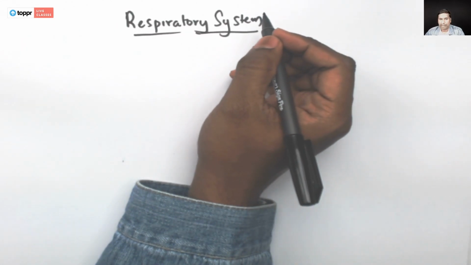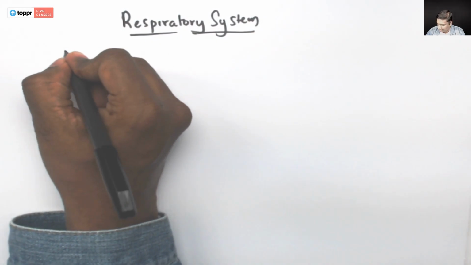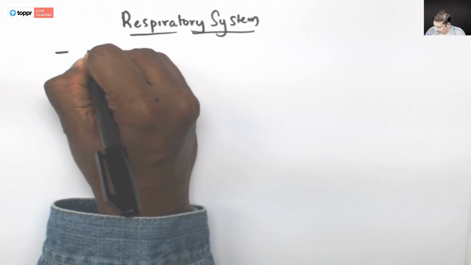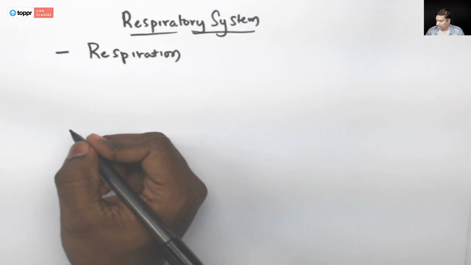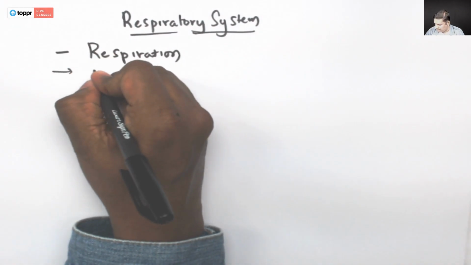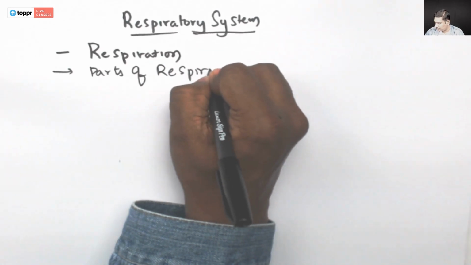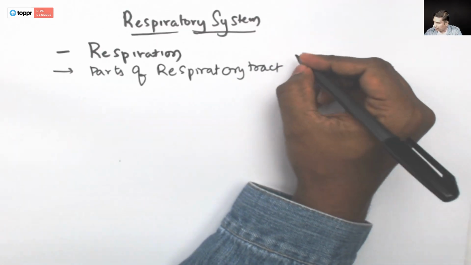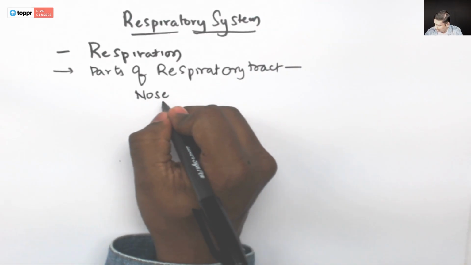Okay, so the topic for today is the respiratory system, and as a part of this session, today we'll be talking about, first of all, a brief introduction about respiration, the purpose of respiration. Then the various parts of the respiratory tract, starting from the nose.